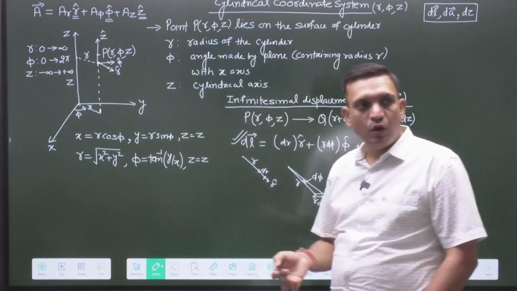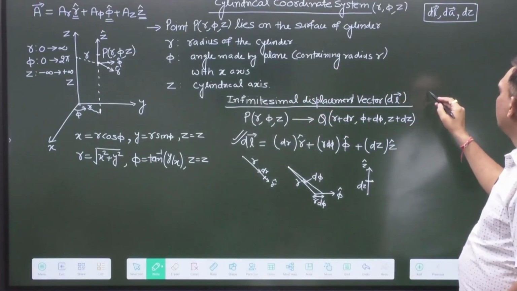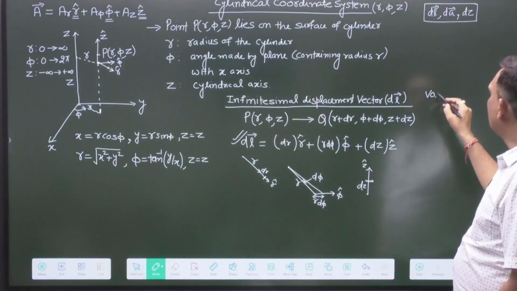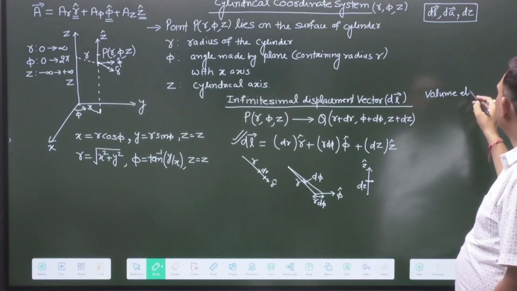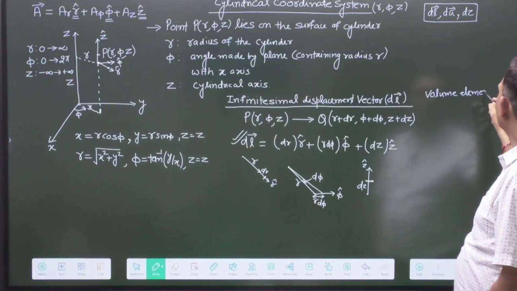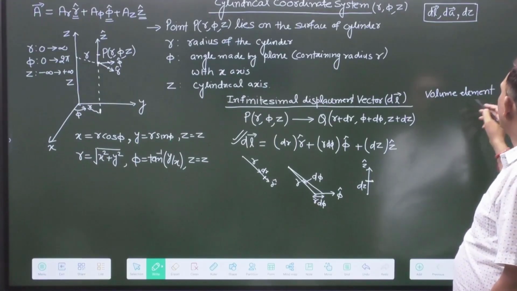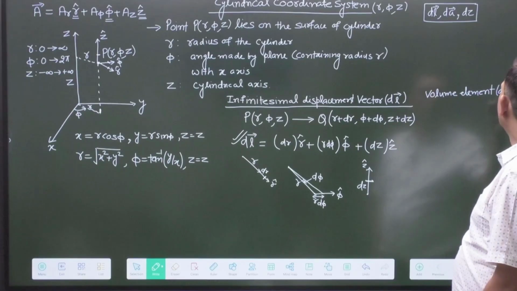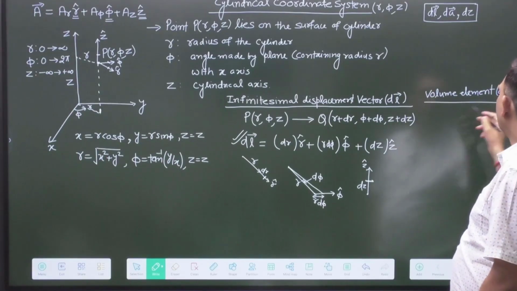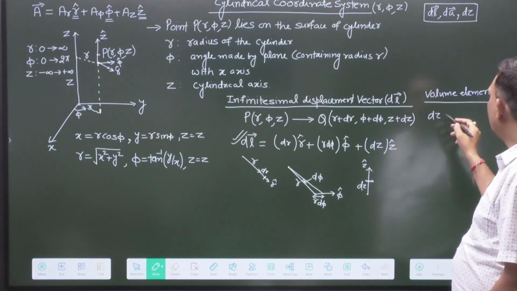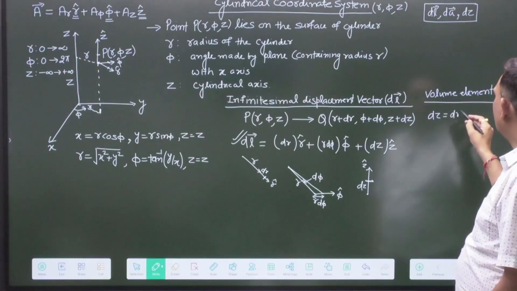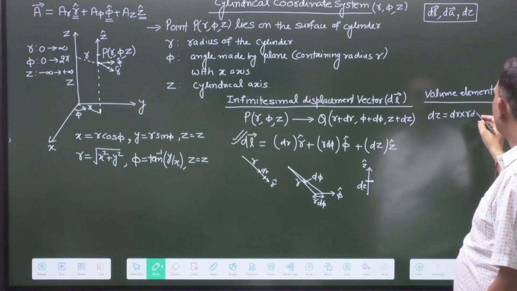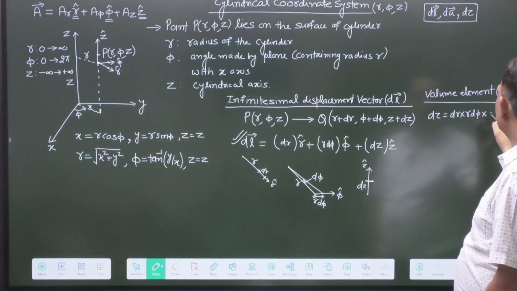So what will be the volume element? Just multiply the sides of the elemental cube. So the volume element d tau is given by multiplying these sides: dr, r d phi and dz.